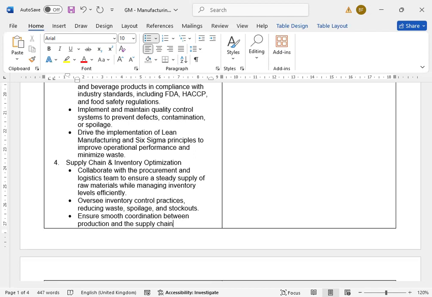It's a big loss, millions of loss in even one day. So that would be the supply chain to optimize material flow.